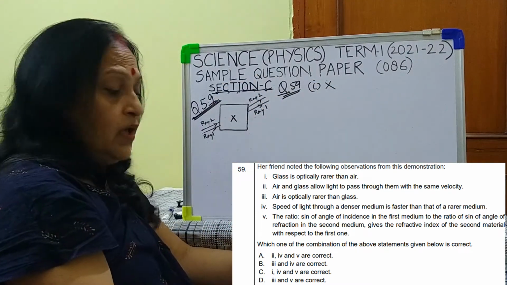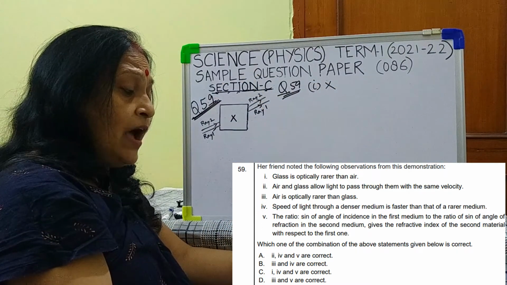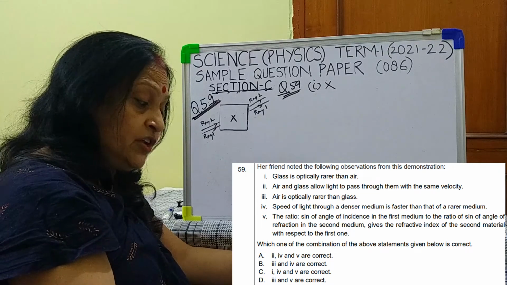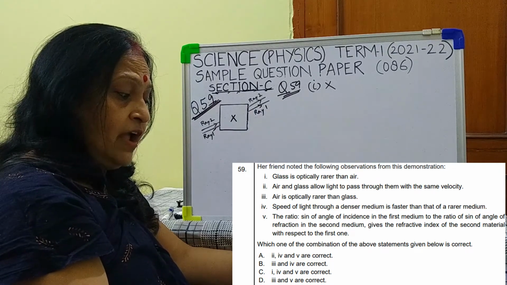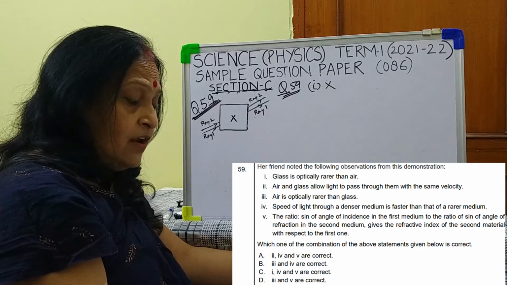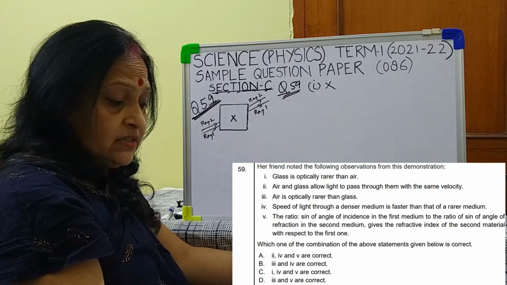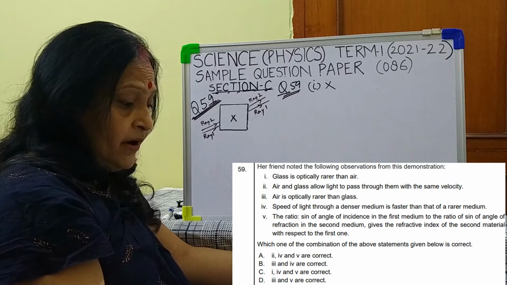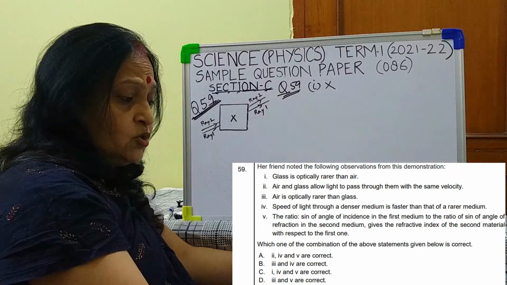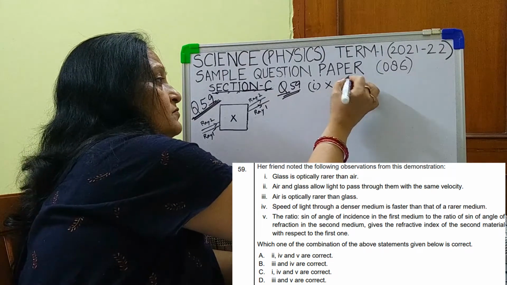Then part 2, air and glass allow light to pass through them with the same velocity, right? With the same velocity. That means option number 2 also seems to be wrong.